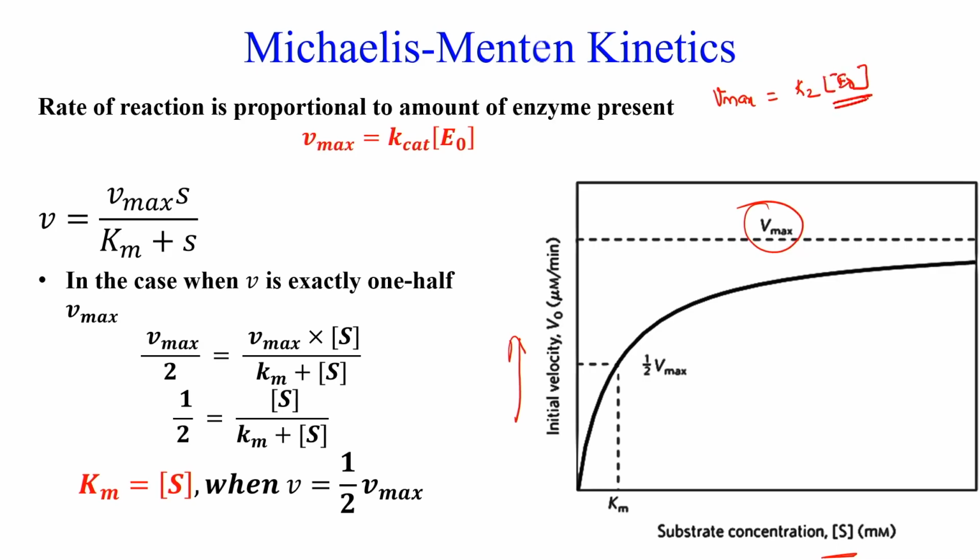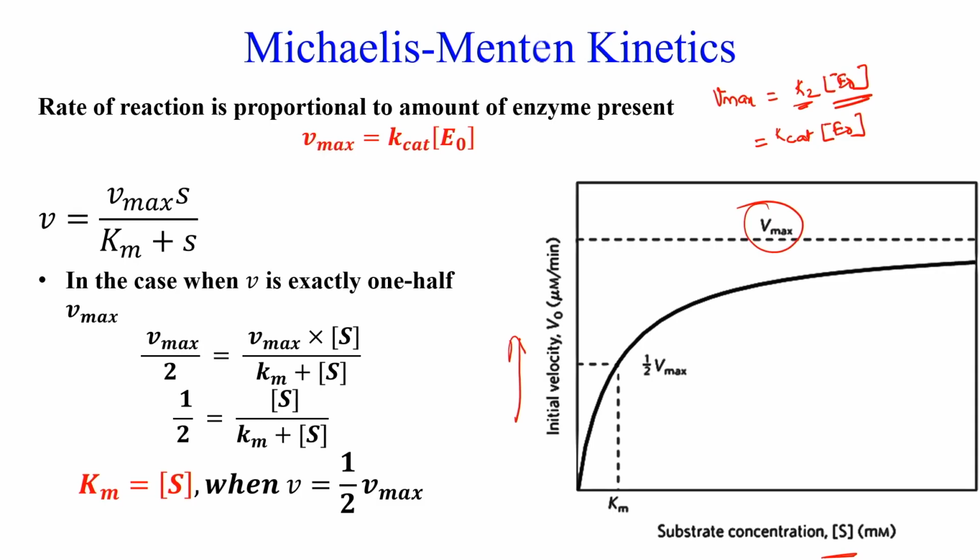So, it depends on the amount of enzyme present into K2, the rate constant for the second step. Because of this, K2 is also known as the catalytic constant. So, it can also be replaced as K catalytic into E naught.